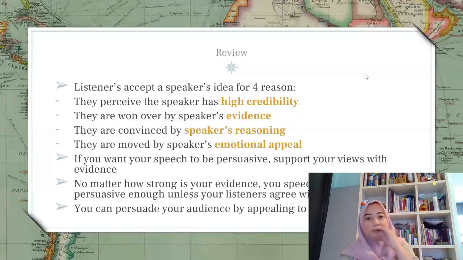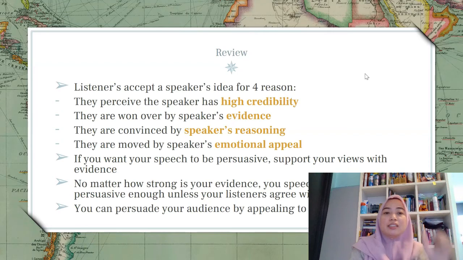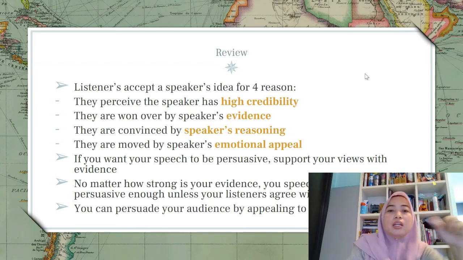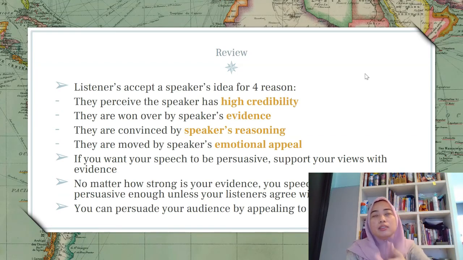Basically, what we have learned today is that listeners are listening to people for four different reasons. The first one is that they perceive that the speaker has very high credibility. Number two, they are won over by the speaker's evidence. Number three, they're convinced by the speaker's reasoning.